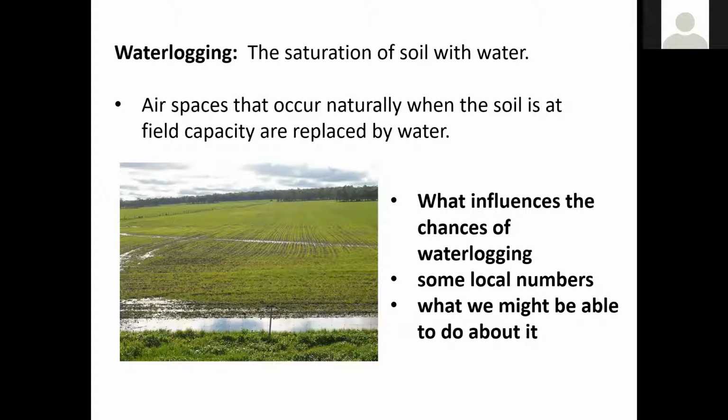I've also dug around and found some local numbers so we can get a perspective, because I always think it's better if you can relate it to your local patch and understand some of the numbers when you're trying to make sense of this sort of stuff. And then finish off with what we might be able to do about it, some of the trials I'm familiar with, and some of the work from the dairy industry about what's actually been done in that space. So that's an outline of what I want to cover in the next 45 minutes or so.